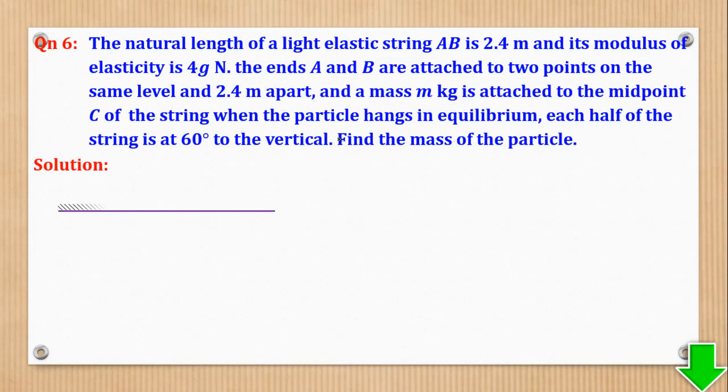So I need to make a sketch. There are 2 points A and B. The particle is attached at the midpoint. Now note that it is still the same string, so tension has to be the same.